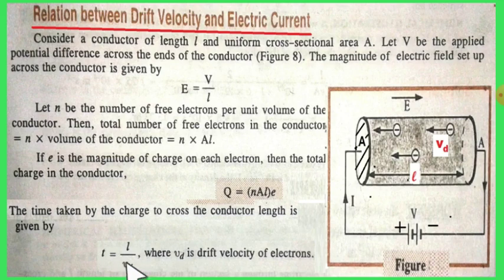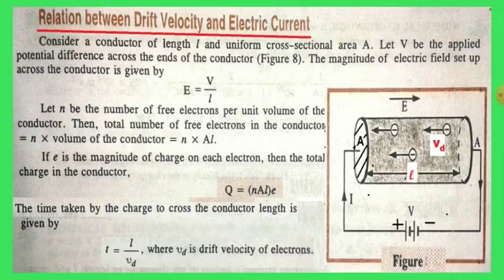Your velocity is the drift velocity, so your time will be equal to L by Vd. Just remember all these expressions: Q is equal to nALe, t is equal to L by Vd. We will use these expressions in the next slide.